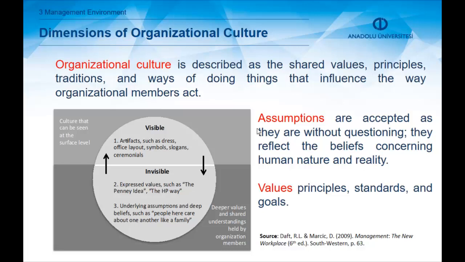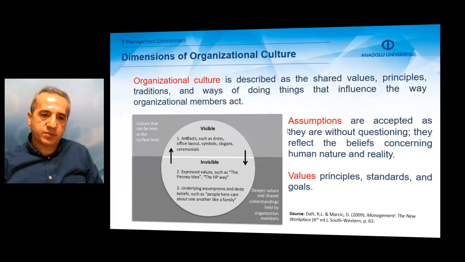Underlying assumptions are very, very difficult to observe, and assumptions are accepted as they are without questioning. They reflect the beliefs concerning human nature and reality. That's why it's very difficult to break or change the assumptions of the employees or management teams.